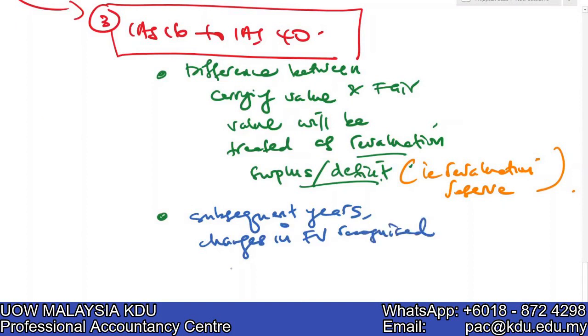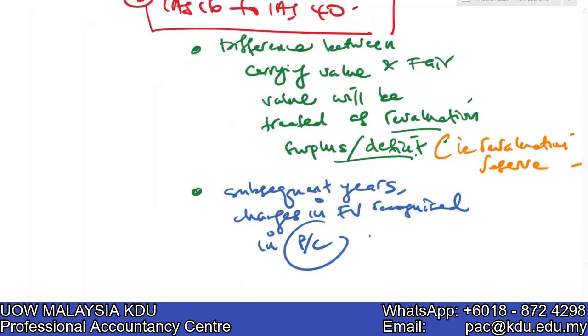Changes in fair value, recognized in P&L. Right? First change, recognized in the revaluation reserve. Subsequent changes, all recognized in the P&L because it's really at fair value. Fair value model, any changes go to P&L. Got it?